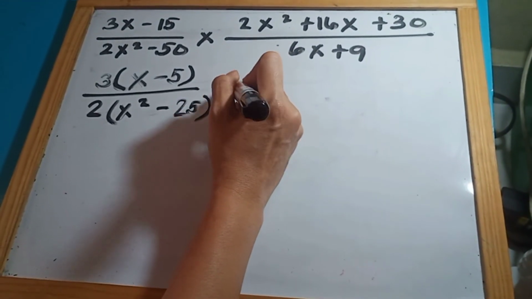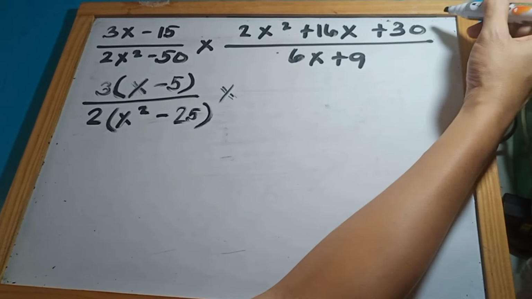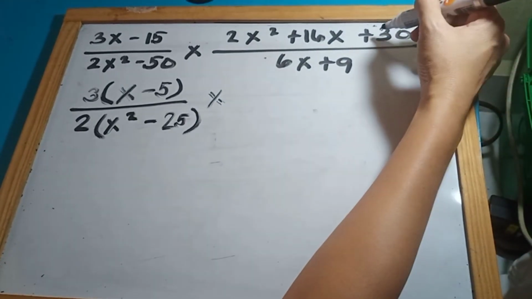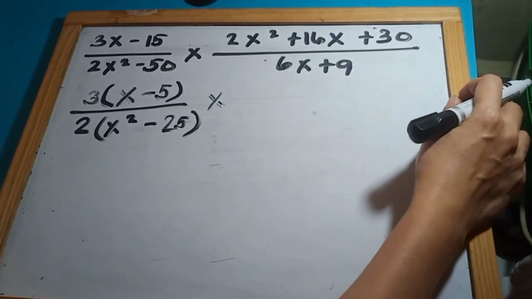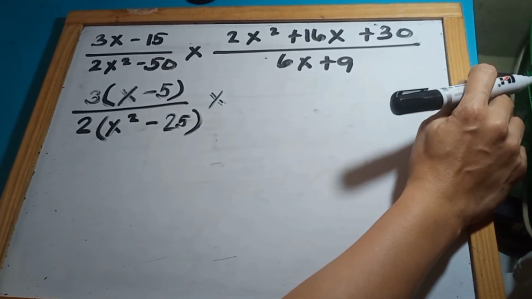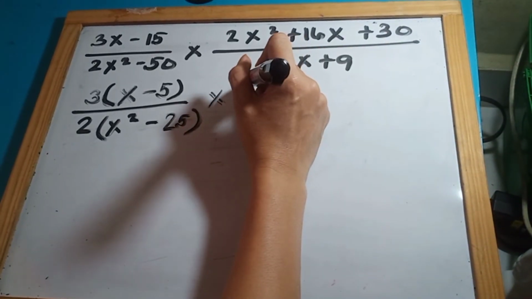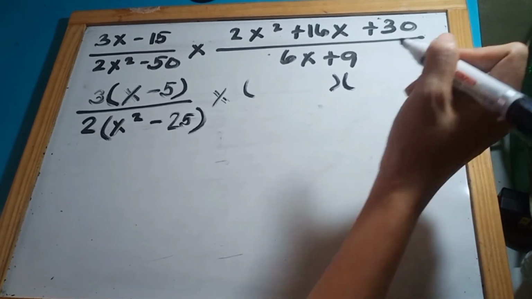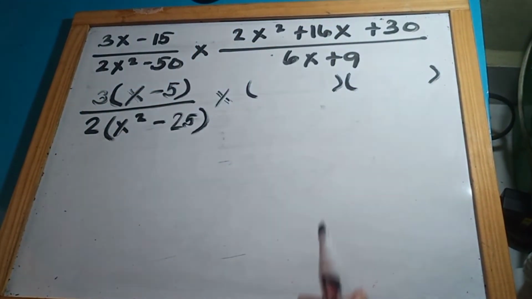Sabi natin, times. Okay, so in our numerator dito sa pangalawang set of numbers, this is trinomial. Therefore, ang i-apply naman natin is factoring trinomial. Okay. So, let's factor our trinomial. So, first term, 2x squared.